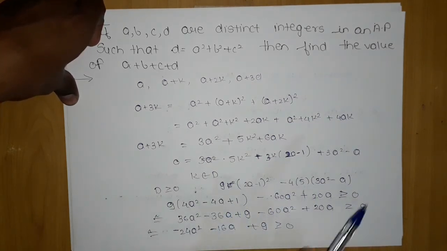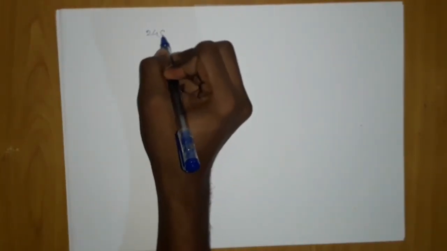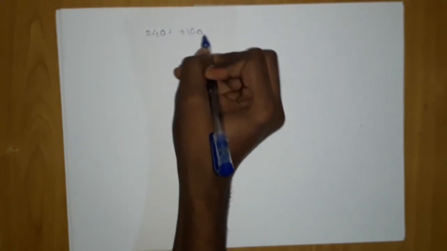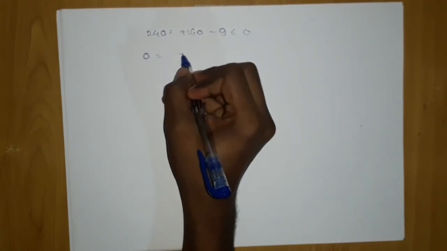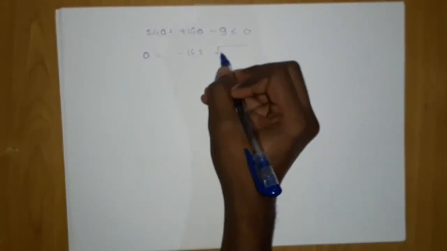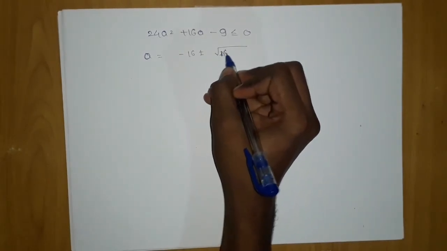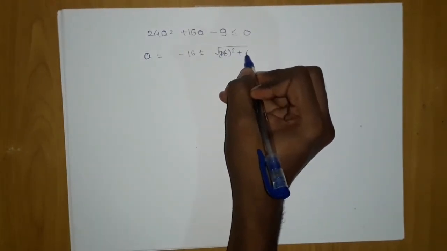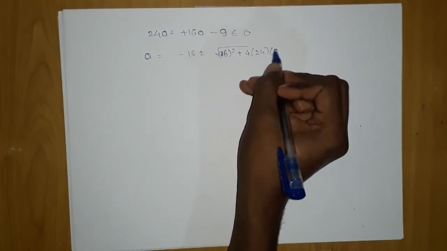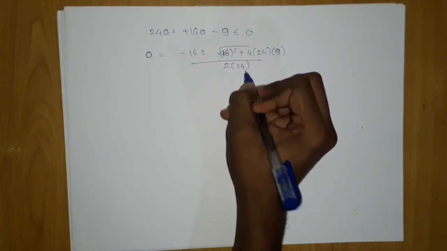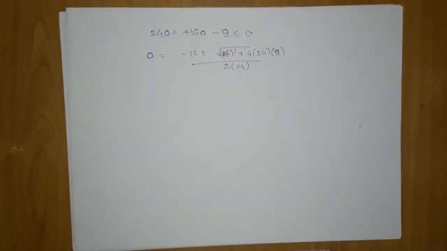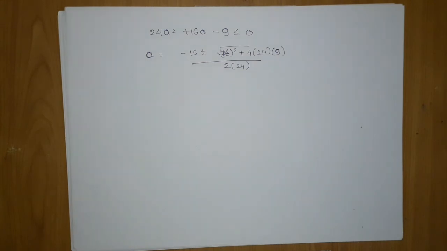Now let me take the next page. If I multiply by minus, I get 24a square plus 16a minus 9 less than or equal to 0. If I calculate a, I get minus 16 plus minus under root 16 square plus 4 into 24 into 9, upon 2 into 24. Let me calculate it.